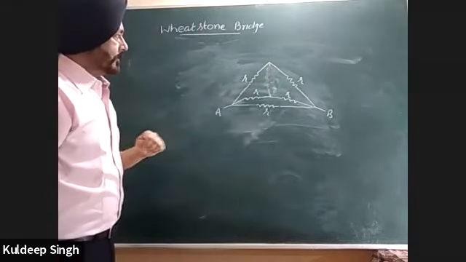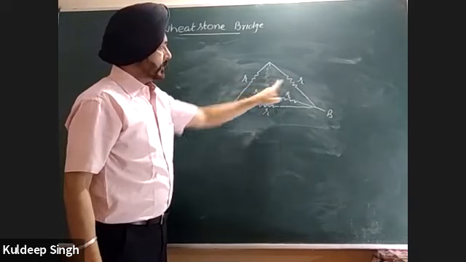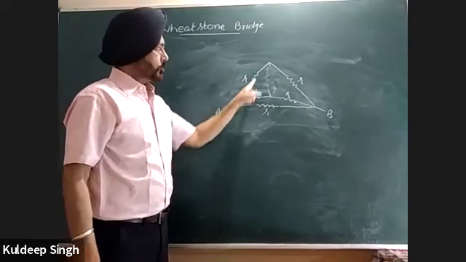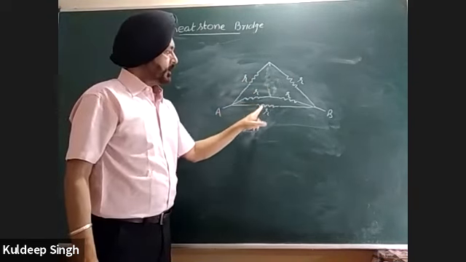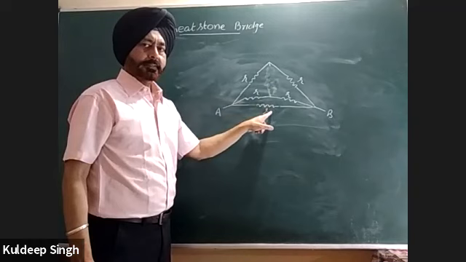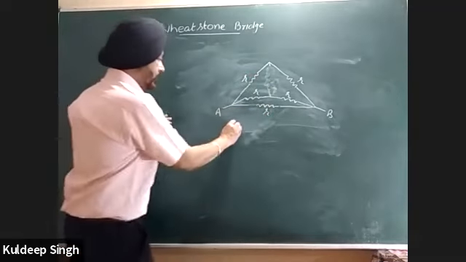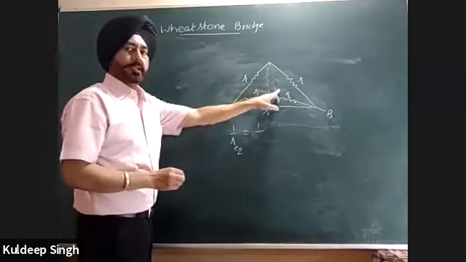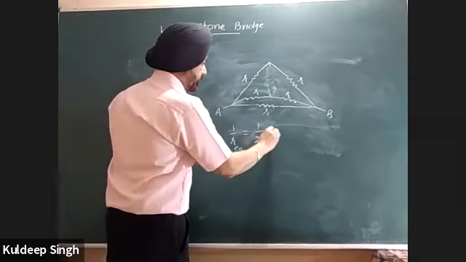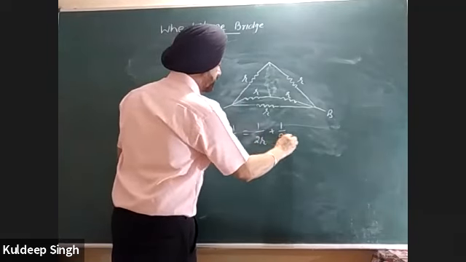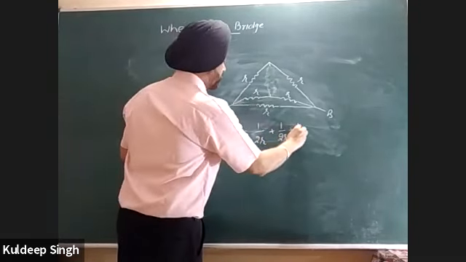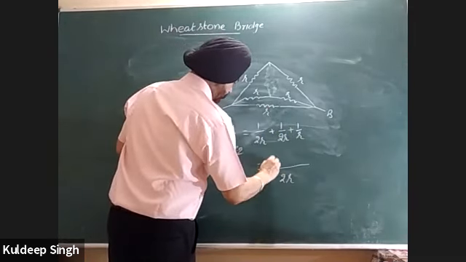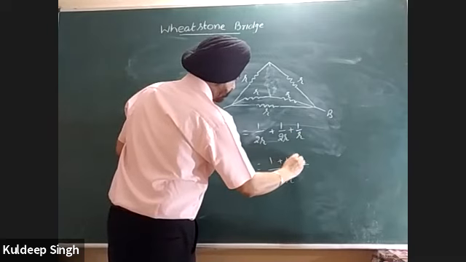Now look at this. The series, and these 3 branches are in parallel. So 2R, 2R, and R. They are in parallel. So what is the equivalent resistance? Equivalent resistance is equal to 1 by 2R plus 1 by 2R plus 1 by R. So LCM is 2R, 1 plus 1 plus 2.